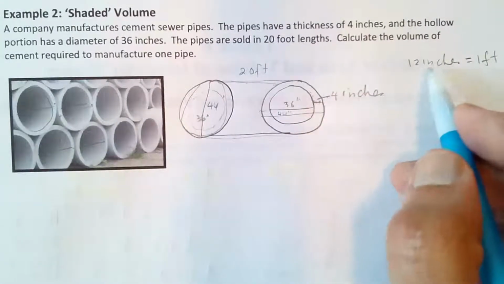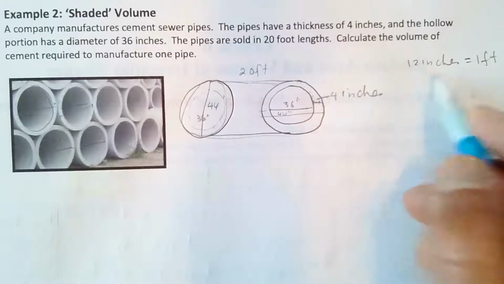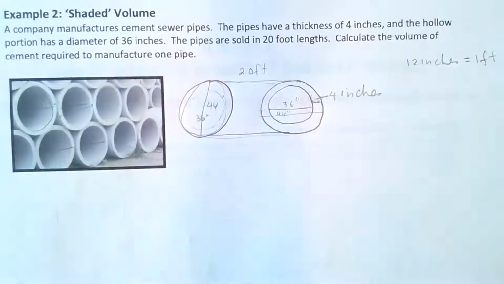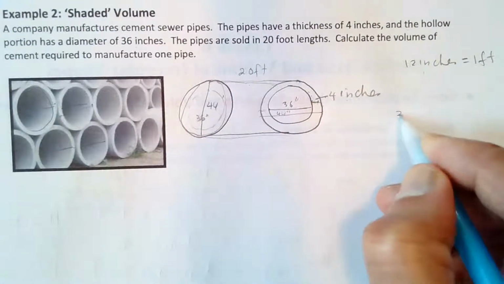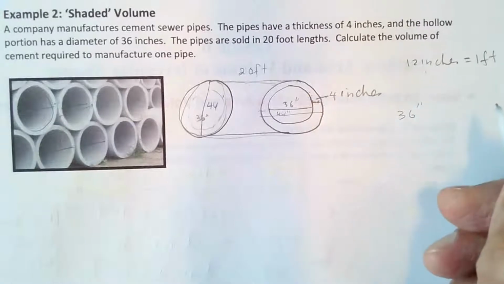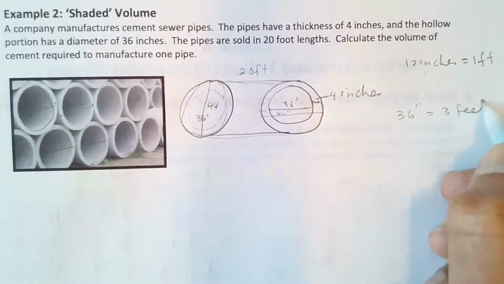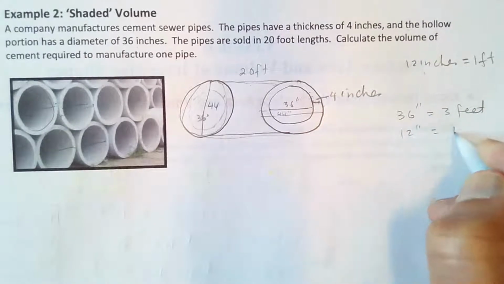In this case, you convert all of your inches into feet. So let's go ahead and do that here. We know that 36 inches is equal to 3 feet, because 12 inches is equal to 1 foot.